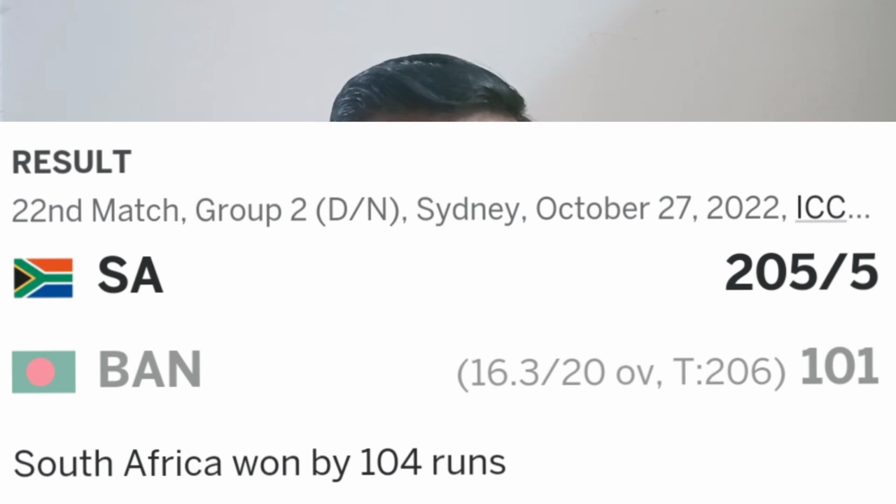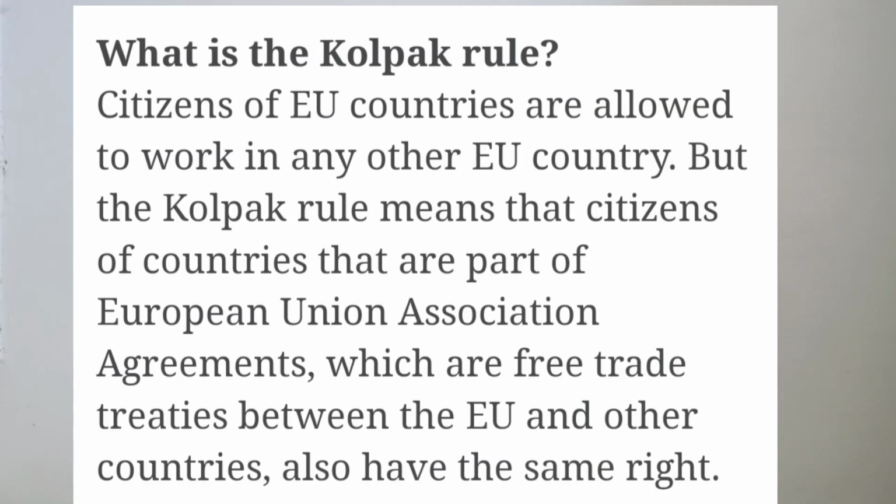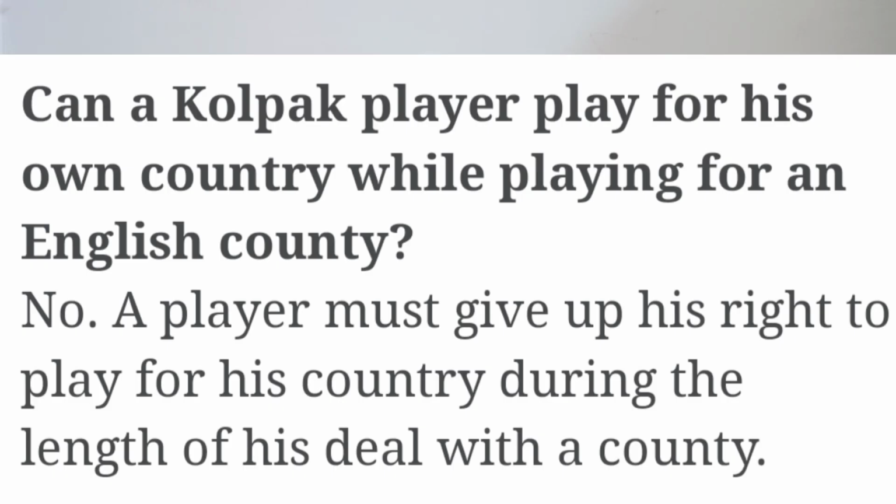Just a point on Rilee Rossouw. If some of you are aware, Rossouw actually started his career with the South African team a few years back, and then he went to England by signing the Kolpak contract. A Kolpak contract is a 3-year cricketing contract, which most South Africans would prefer to sign because it gives them better revenue. But the terms and conditions are such that if someone signs a Kolpak contract, they will not be considered for national selection in the South African team.